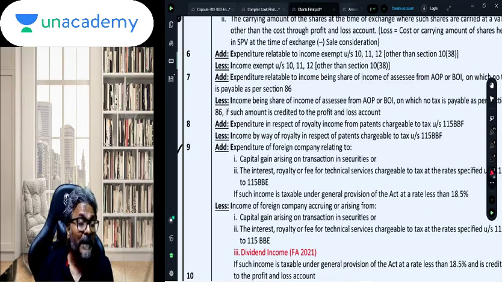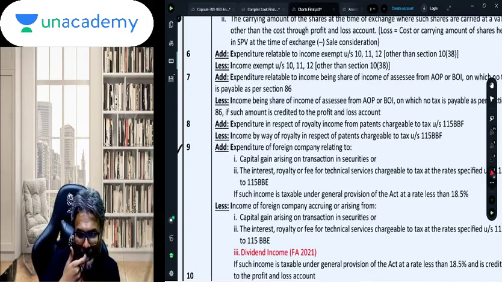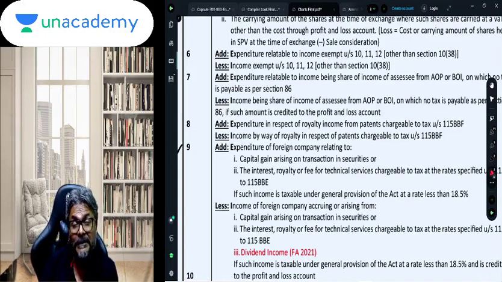But the fact that this particular exclusion in the total income of the member is under section 86, not under section 10, therefore it does not become eligible for that adjustment in point number 6. And that is the reason why, students, they have to specifically accommodate this particular adjustment for a company being a member of an AOP where the AOP is already taxed at MMR.